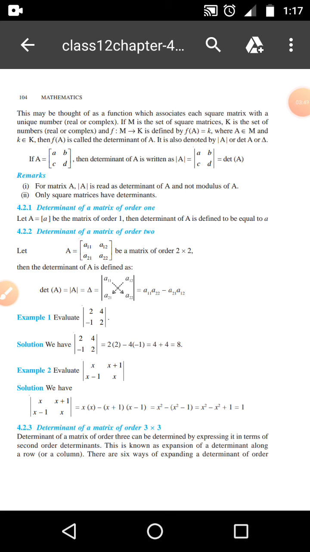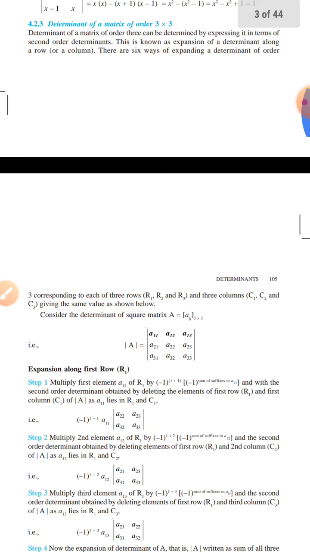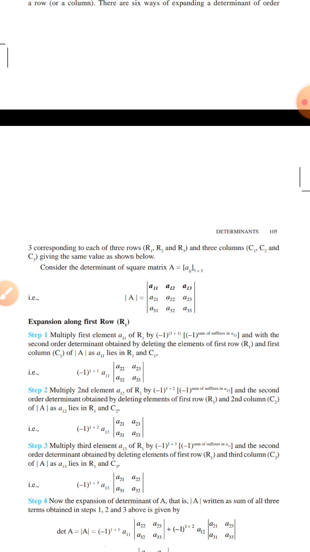Now we are going to discuss the matrix of order 3 cross 3. If A is a matrix with entries a11, a12, a13, a21, a22, a23, a31, a32, a33, then the determinant of A is this one. So how will we get the expansion of this particular matrix?